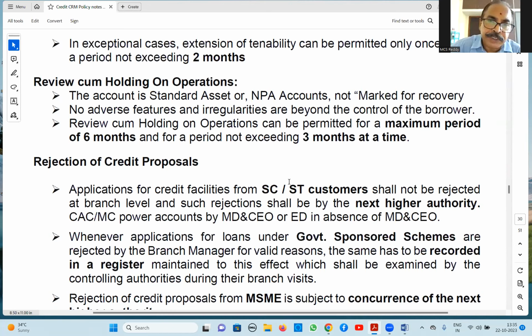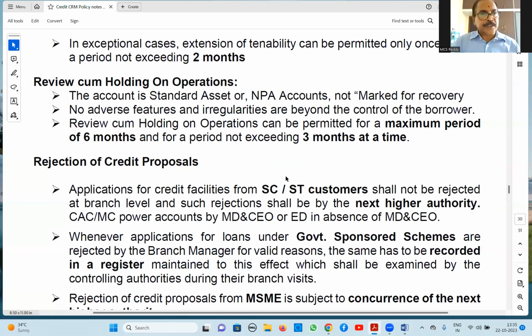You may permit operations, but liability should not go beyond 8 crores. Even we may prescribe a cut-off amount. What is this cut-off amount? On every credit, 1% or 2% we will adjust to our loan account. This is what cutback or cut-off is.